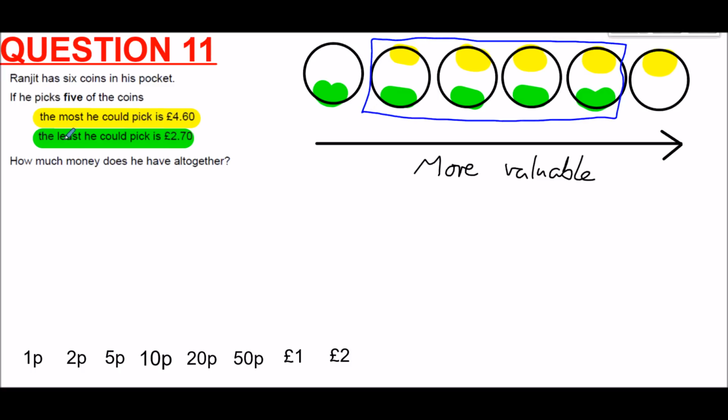So the only difference between the most valuable and the least valuable is the fact that the only difference comes from the end coins. So the difference comes from the end coins.